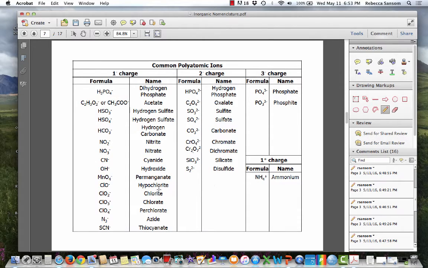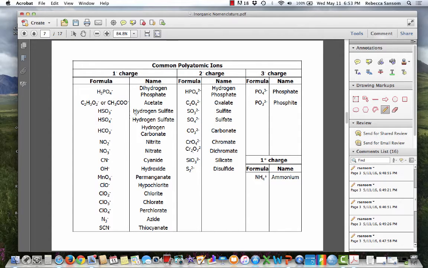Same thing over here, chlorite, chlorate, perchlorate, also hypochlorite. These are related by the number of oxygens that they have. Per tells you it has a lot, hypo tells you it has a little, "ate" has 1 more than "ite". Nitrate, nitrite. So you can see if you know the "ate"s, that gives you a lot of the "ite"s and the other ones that you need to know that are associated with that.